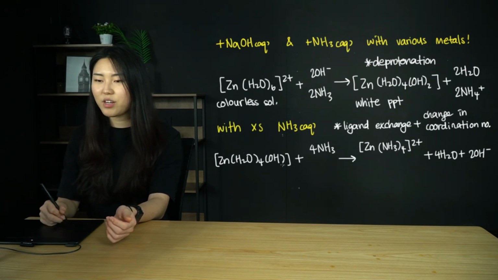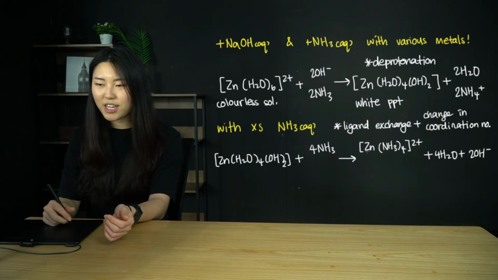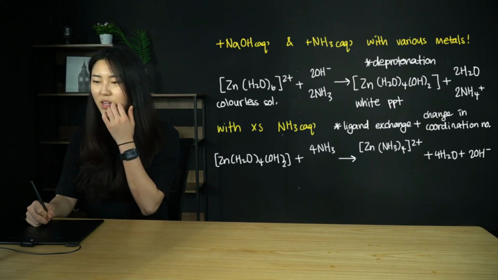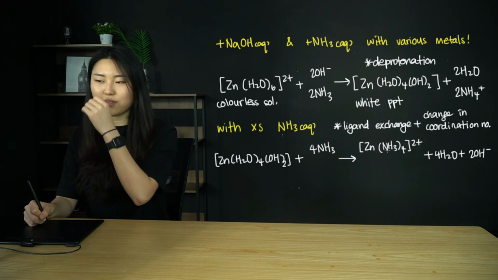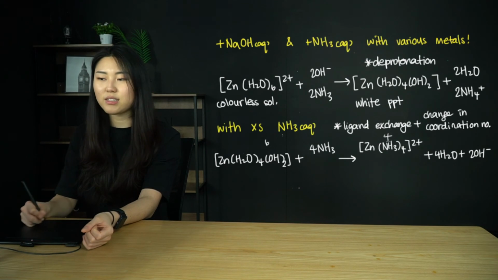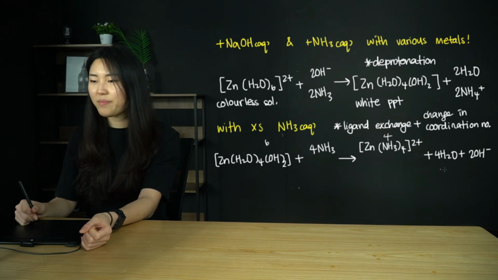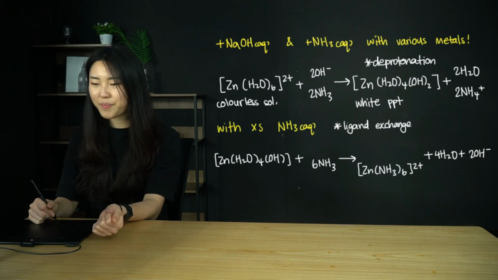So we have over here 6 ligands, and we would get zinc with 4 ammonia ligands surrounding the zinc 2 plus ion. So the coordination number changes from 6 to 4, right? And all the other ligands just come out.